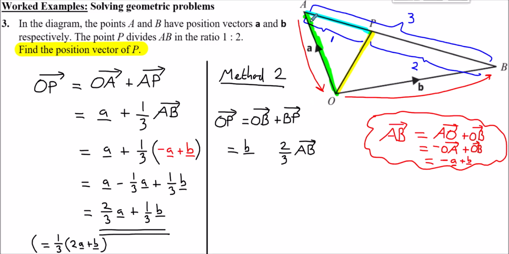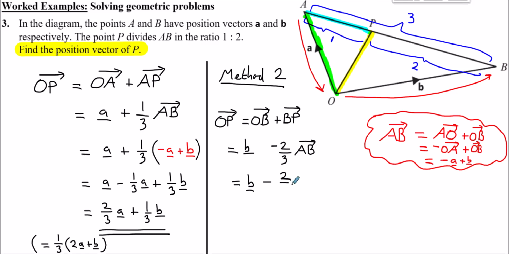However, from A to B is going from left to right. Because the direction we need from B to P is in the exact opposite direction, we're going along the route from B to A. So therefore we need to say it's minus this, because we're headed in the direction from B towards A. Now OB is B, we can leave it like that.